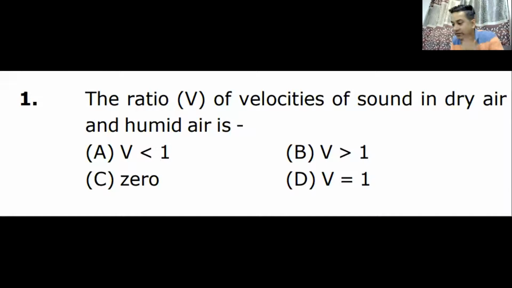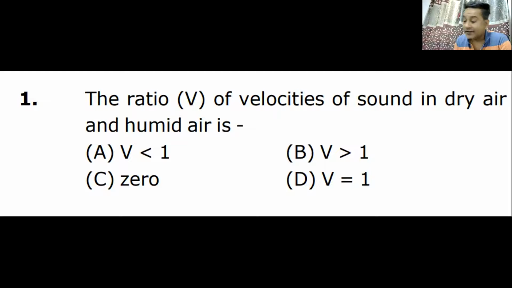So here we go with some question and answer. This is question number 1 from your sheet. The ratio of velocities of sound in dry air and humid air. Is the velocity of sound the same in dry and humid? If yes, then what is the answer?